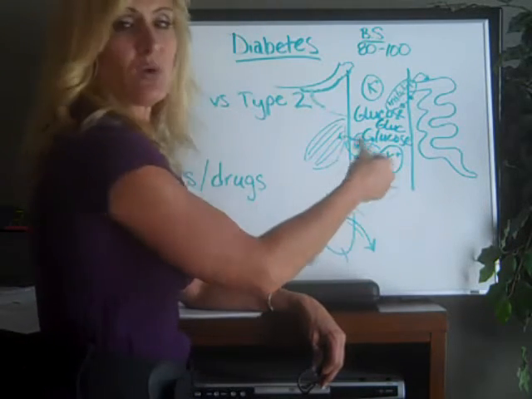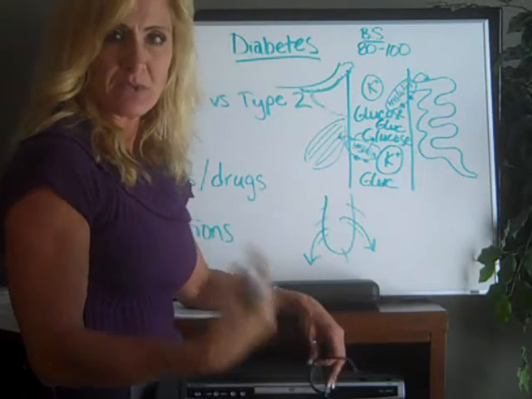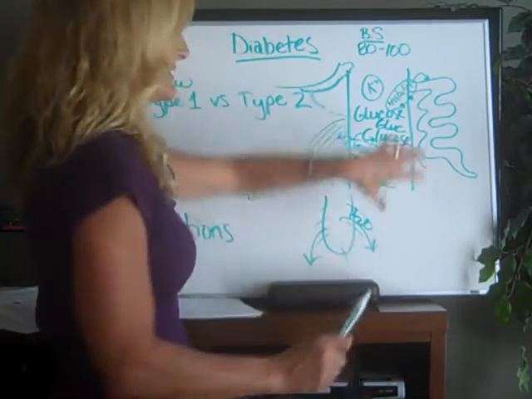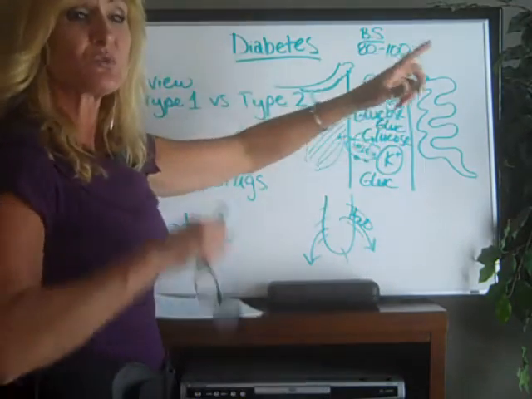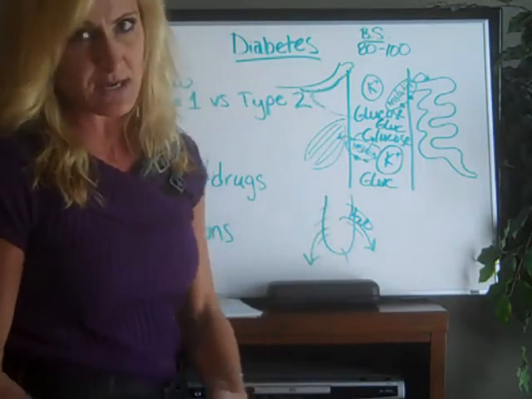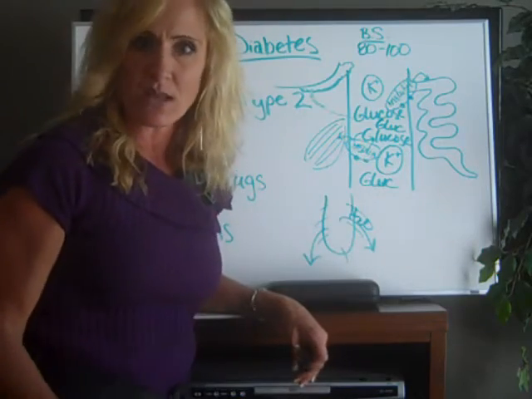So sugar gets drawn out of the bloodstream, and water will follow it, making this situation worse. Which is why it's like this perpetual cycle where they're really, really thirsty, but they're peeing all the time too.